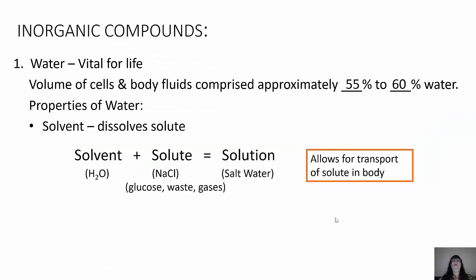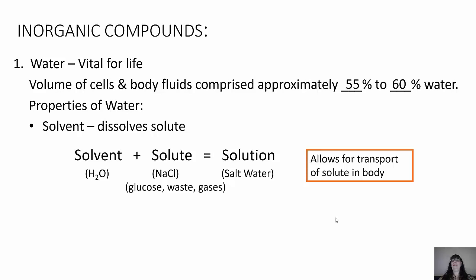Okay, so as I just said, water is vital for life. The volume of the cells and the body fluids comprise approximately 55 to 60% water. So most of our body is water. Water is a solvent. It dissolves solutes. So the solvent would be water. The solute could be NaCl.